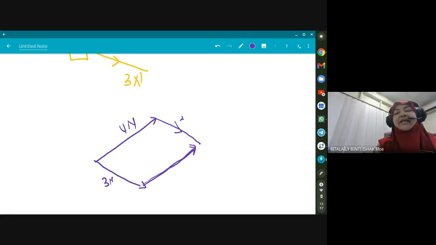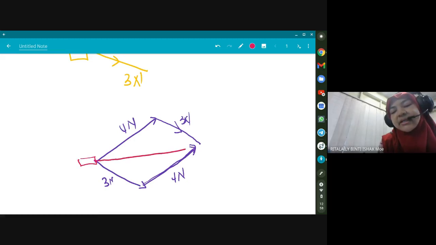So we have here 3 Newton, 4 Newton. So that is why it is called parallelogram, because we are moving or we are drawing or we are shifting the force parallelly. Okay. So for the resultant force, dia simple saja for parallelogram is from the initial or the boat position ke point di mana mereka bertemu.